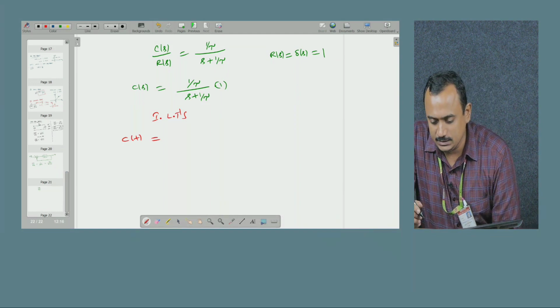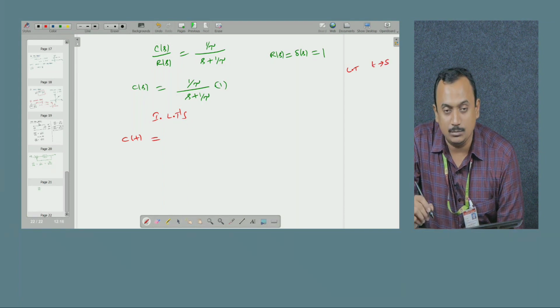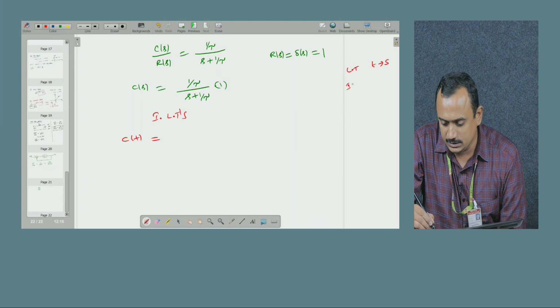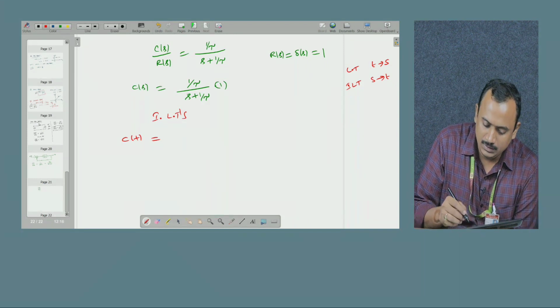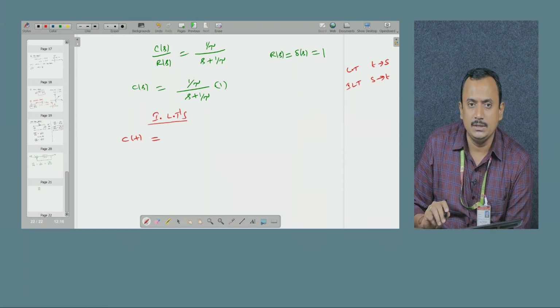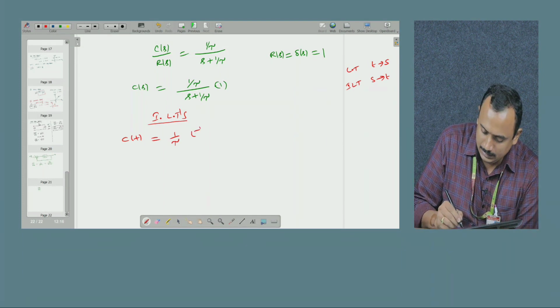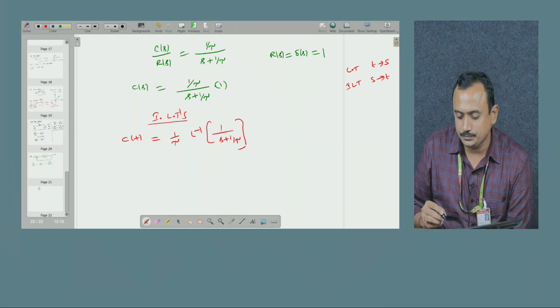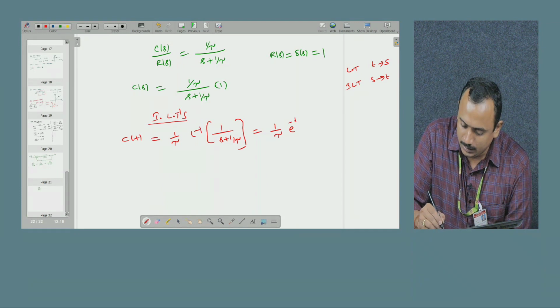As simple as that, the Laplace transform converts time domain into frequency domain, that is S domain, and the inverse Laplace transform converts S domain into t domain. Now 1 by tau is a constant, and L inverse of 1 by S plus 1 by tau is e power minus t by tau.